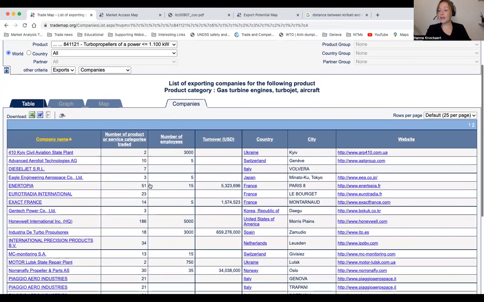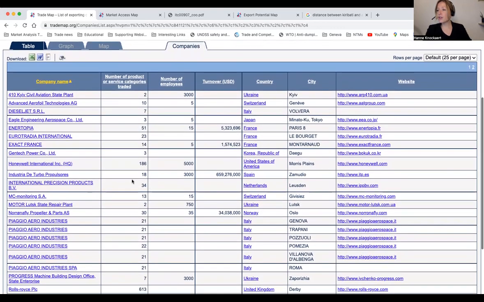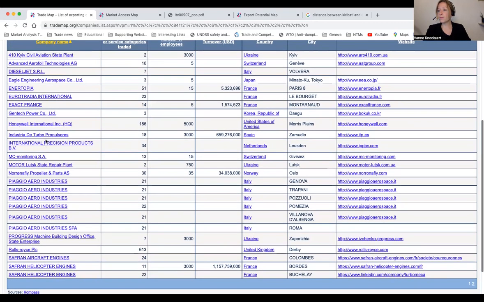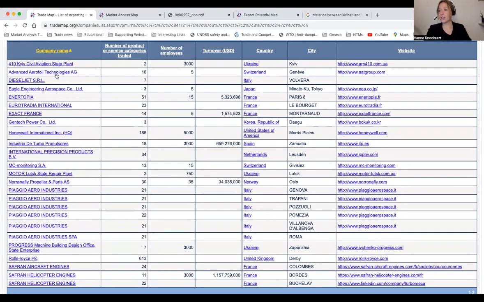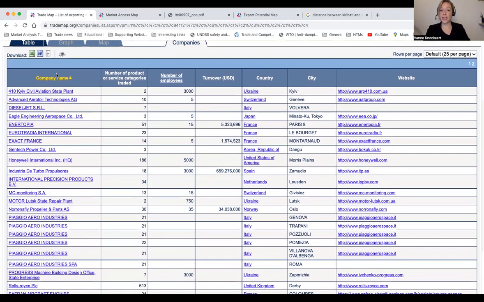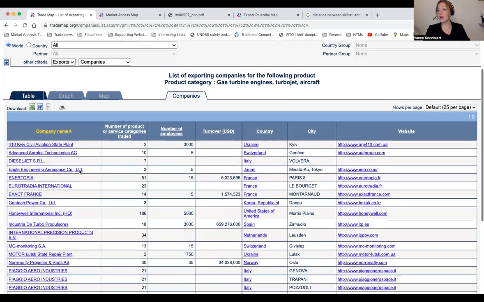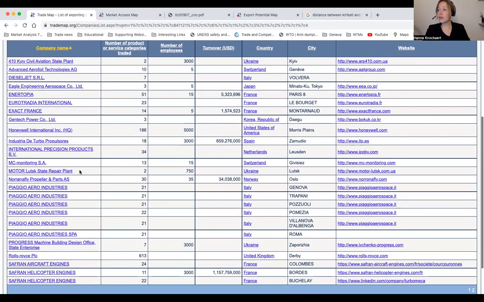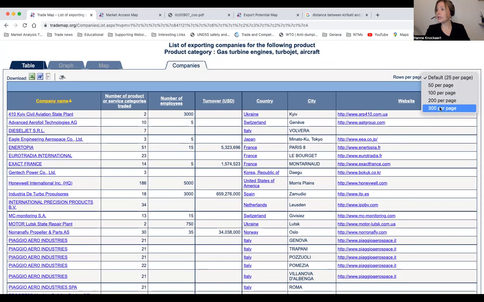And once you click on the country, on the product category, you get a list of, I guess this is the global list of some B2B contacts related to your product. So you can look this up for any product that you are interested in. So also for the fish, you will get a list of fish traders. Again, I want to look at all the companies.